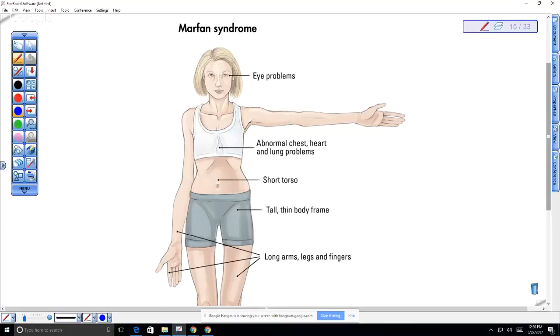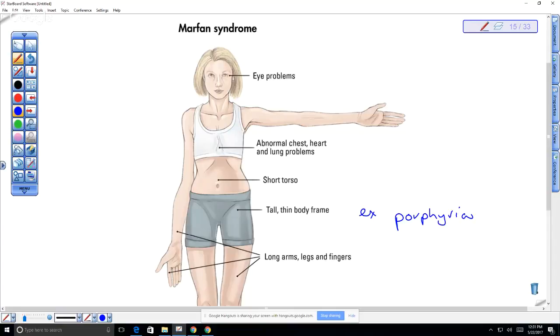Okay, another example is called porphyria. So this is another example. This isn't Marfan's syndrome, but this is called porphyria. And porphyria is a chemical that accumulates in the body because our body needs to break down hemoglobin, and part of the hemoglobin has to be broken down, and it produces porphyrins.